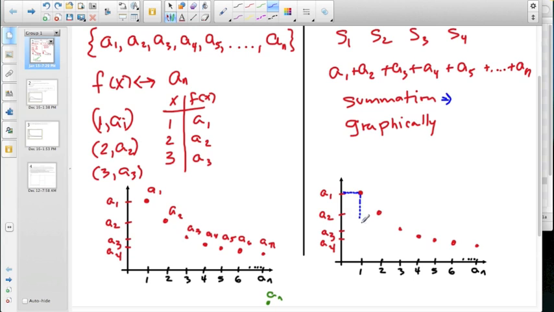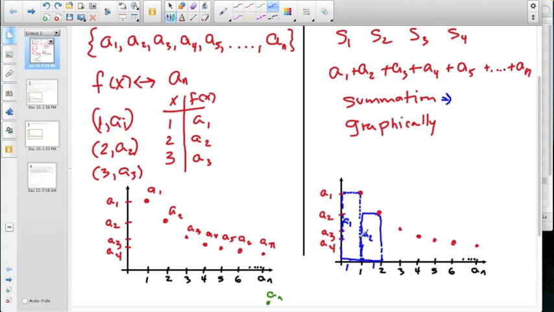And the reason why we can look at this rectangle is because if we start drawing these rectangles between these sequence numbers, they all have a width of 1. So this rectangle here has a width of 1 and a height of a sub 1, and that's the value of the first term. Then this next rectangle has a width of 1 and a height of a sub 2.